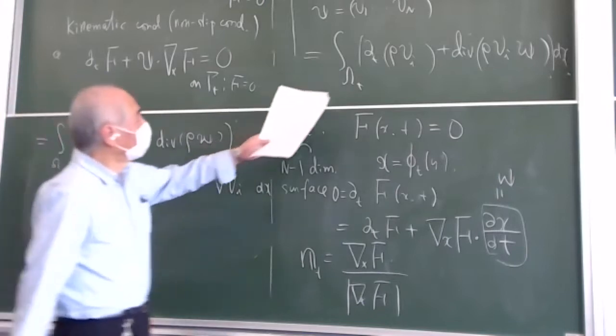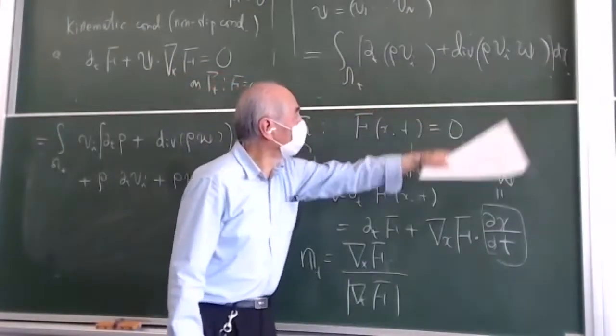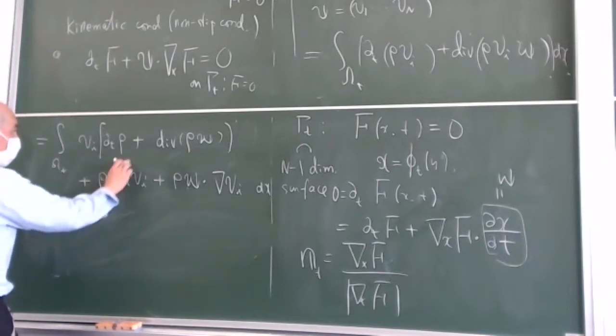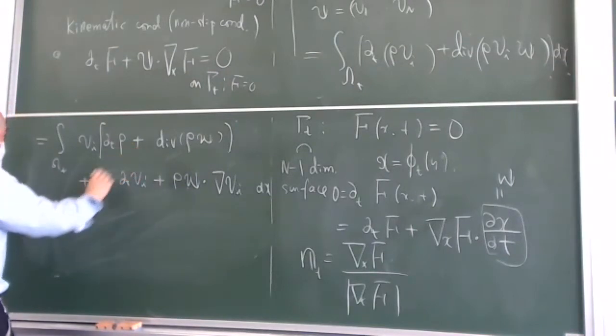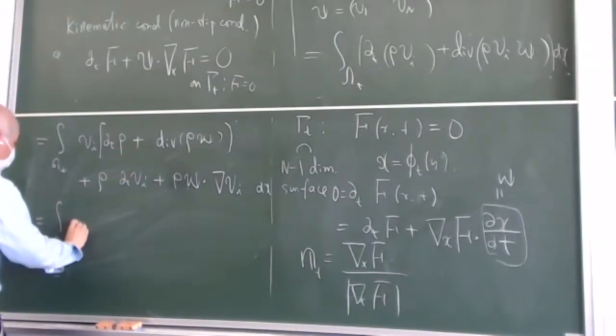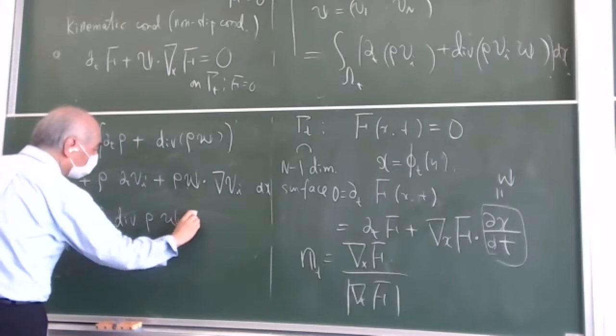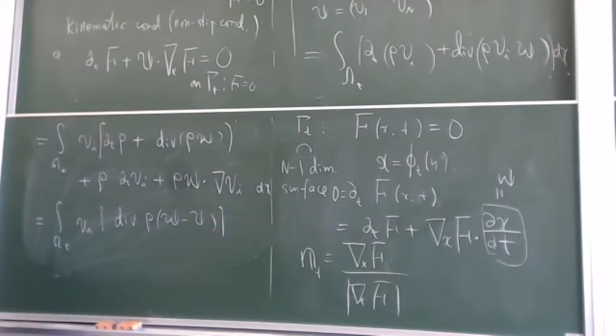We differentiate these two terms. And then by using the mass conservation equation, the first term is Vi times rho. Okay, this is by using the equation of the conservation of mass. Yes, the same as before.